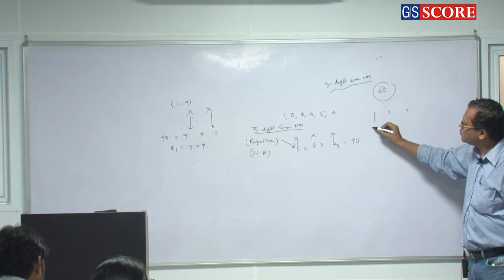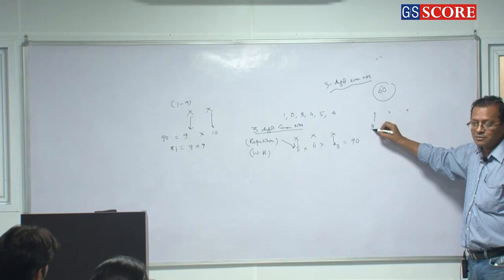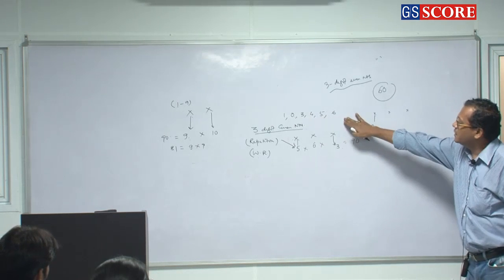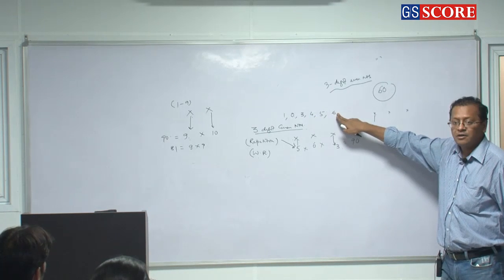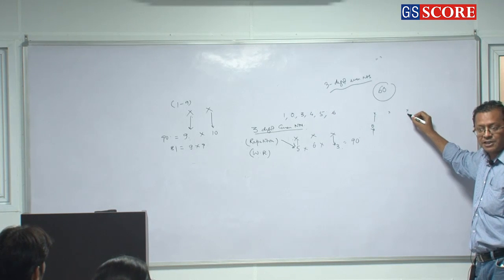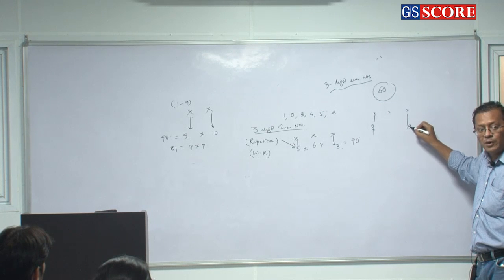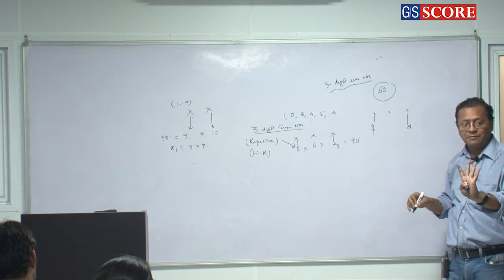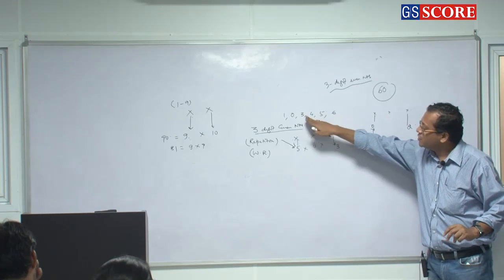So 0 as the first place. I filled the first place with 0. No problem, 0 is fixed. Now the rest of the 5 digits. What are the even digits? 4 and 6. So I pick up any of 4 and 6. I can fill the last place in how many ways? 2 ways. If I fill it with 4, how many digits are left now? 6, 5, 3, 1.